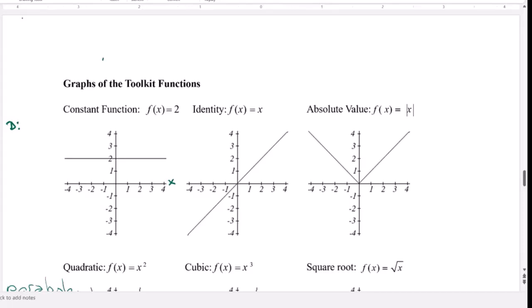And as you can see, there's no real reason why it can't go from negative infinity to positive infinity, because f of x equals 2 no matter what. So my domain is going to be from negative infinity to positive infinity.